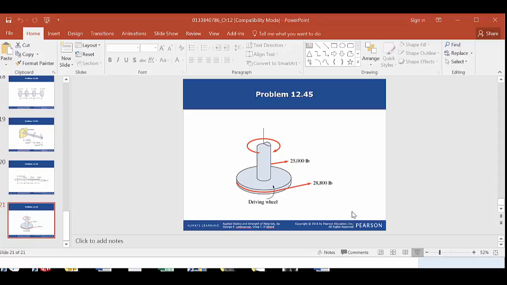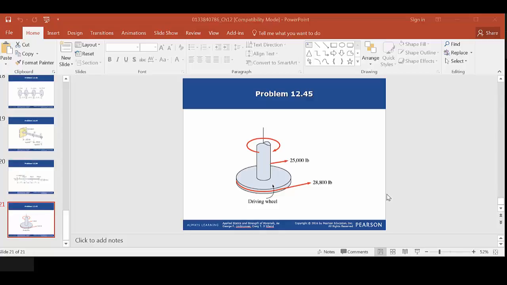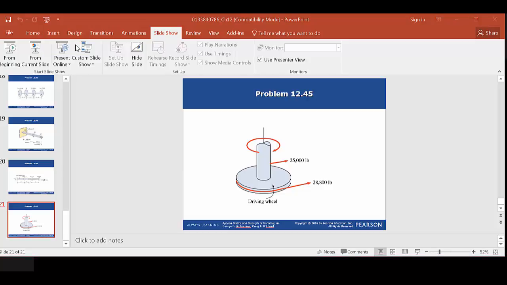We're skipping 12.4, we're doing 12.5 now. That's correct. Skipping 12.4, going to 5. And I'm trying to get the slideshow to work. Oh, it's doing that. Daggone it, it went through the time, didn't it?